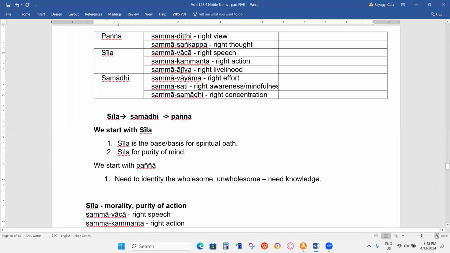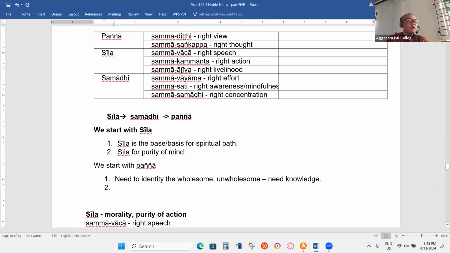I feel that we need to have panya first, because otherwise we will be doing the wrong things and following blind faith, with no knowledge of what we are doing. So we need the knowledge to differentiate what is right and what is wrong.